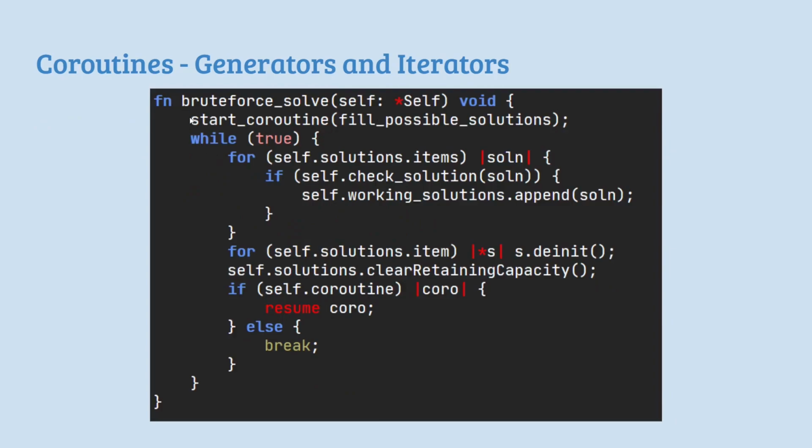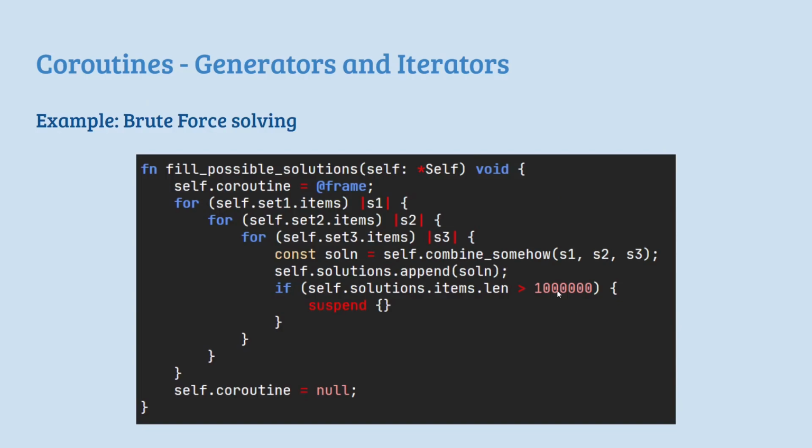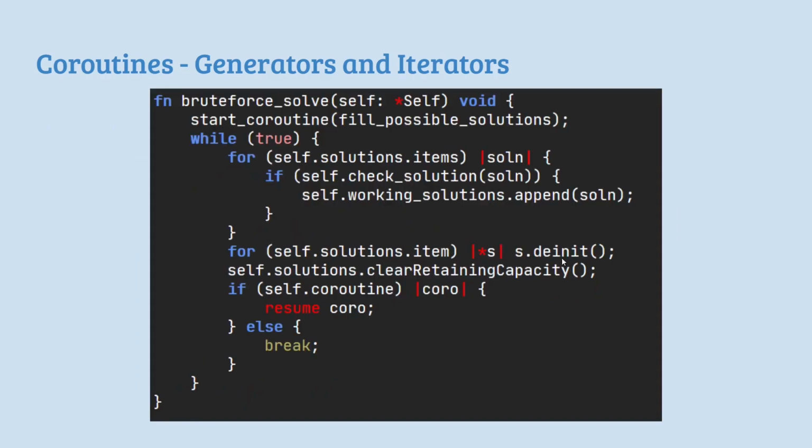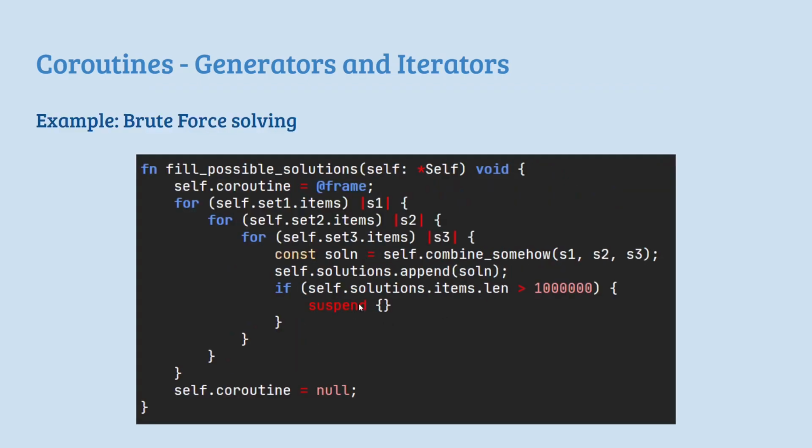So in the brute force solver, first we start the coroutine. Then for all of the generated solutions, so let's assume there were a million, it checks the solution, then it frees that data, it frees that memory, and then it resumes the coroutine, right? So then the coroutine comes back here and it maintains all of this state, right? It matters where in the loop we were for each of these cases.